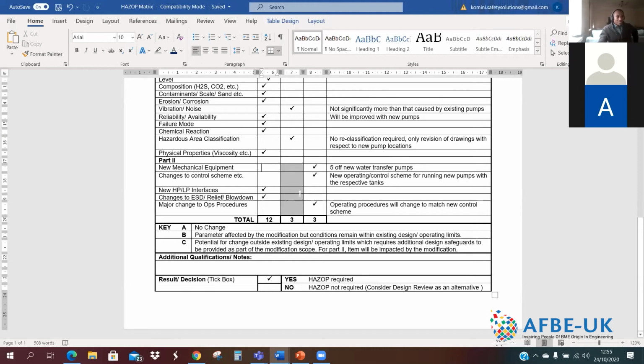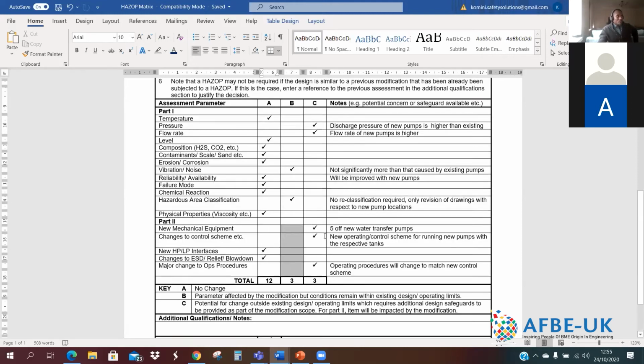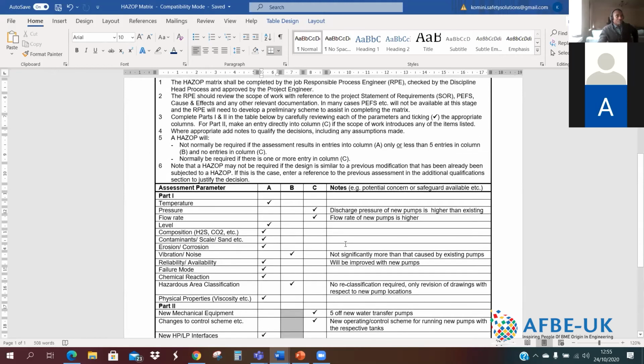At the end of that ticking exercise, you tally up your ticks. And what we've said by way of rules of thumb is that a HAZOP will not normally be required if the assessment results in entries into column A only, which obviously means there are no changes.